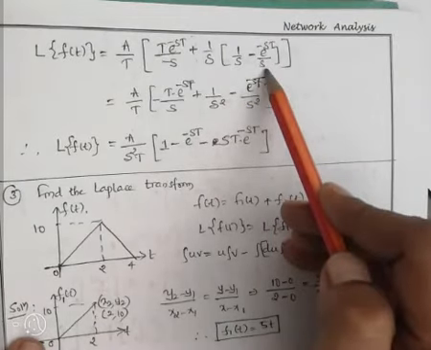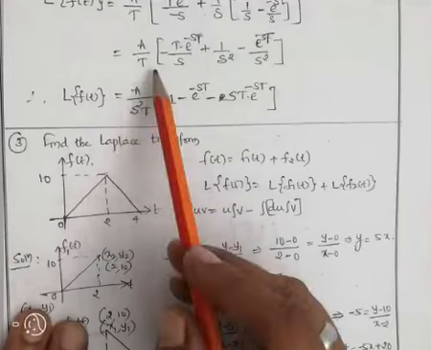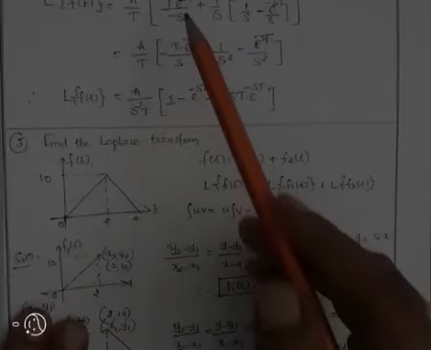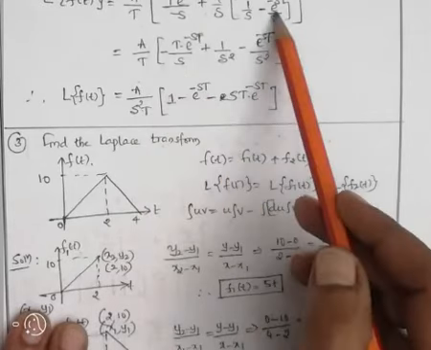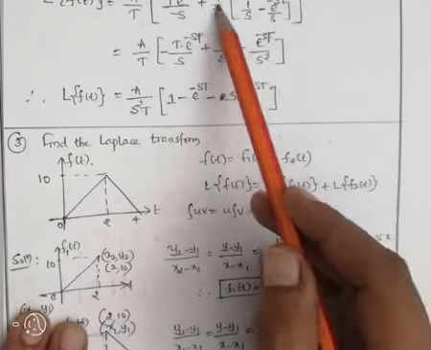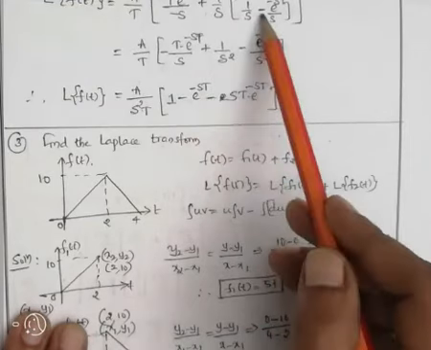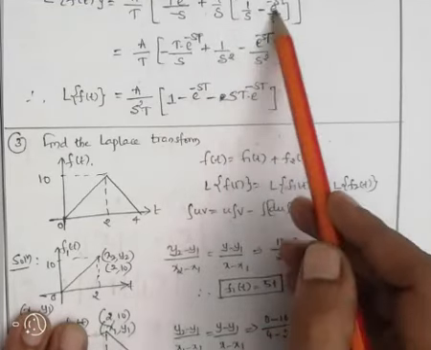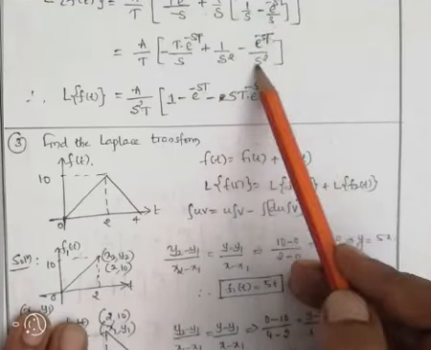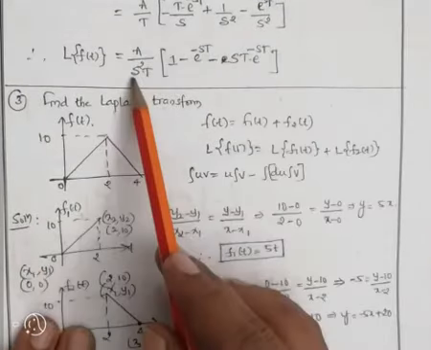Now further mathematical simplification. A by T as it is, this term as it is. Now multiply the terms which are present in the square bracket. 1 by s multiplied by 1 by s, 1 by s square, plus into minus, minus e to the power minus sT divided by s square. Hence we take s square T common.